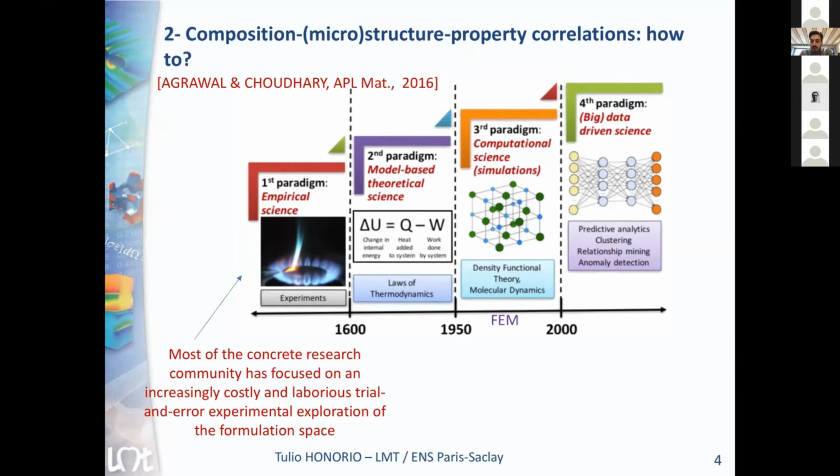That can be tedious, that can consume energy and other resources, but that's what most of the research community has focused on for the last, let's say, decades, even the last century.